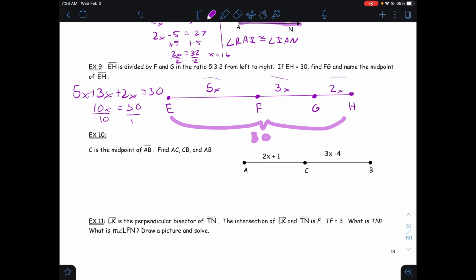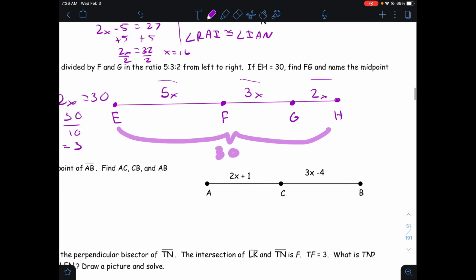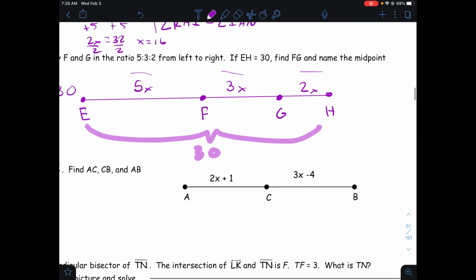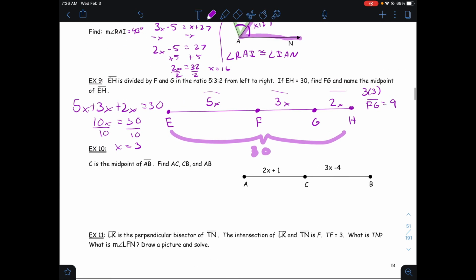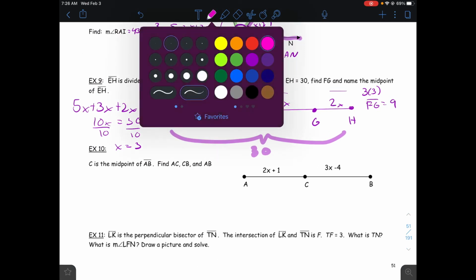Divide by 10, we get that x equals 3. So if we're trying to find FG, we're just going to plug in 3 for x. So FG is going to be 3 times 3. So we'll just say FG is going to be equal to 9. All right, so let's go ahead and find what all of these are equal to. We know that FG is going to be 9.